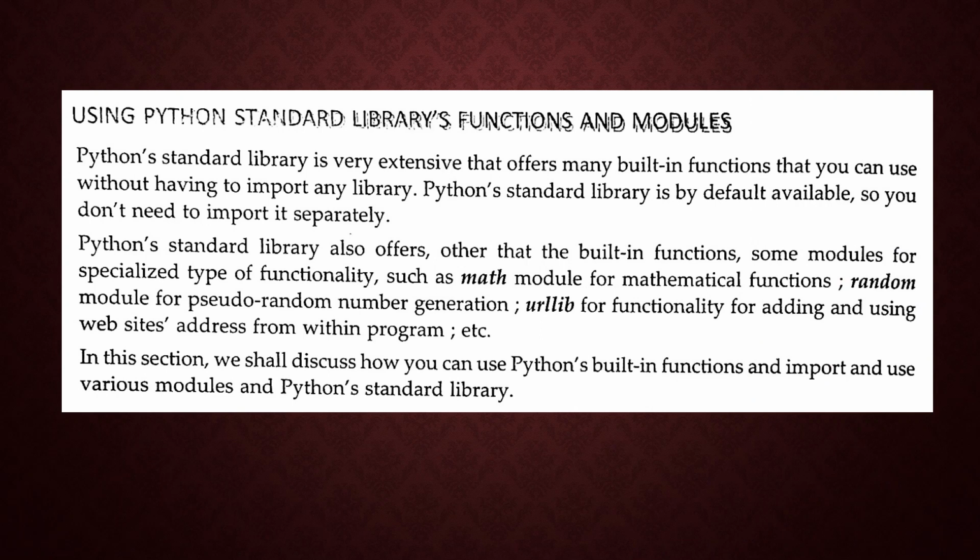Python's standard library also offers, other than the built-in functions, some modules for specialized types of functionality, such as the math module for mathematical functions, the random module for pseudo random number generation, and urllib for using website addresses from within a program, etc. In this section we shall discuss how you can use Python's built-in functions and import and use various modules in Python's standard library.